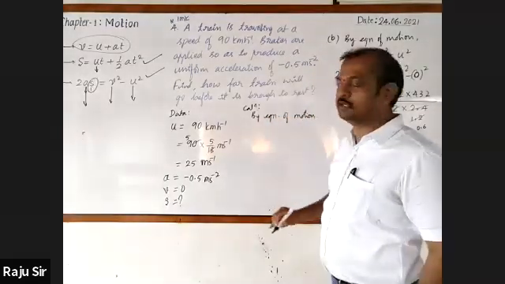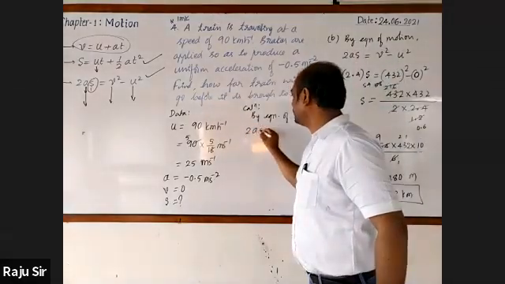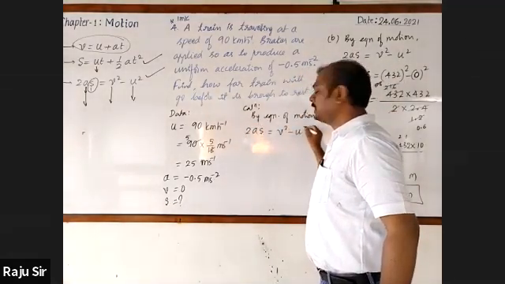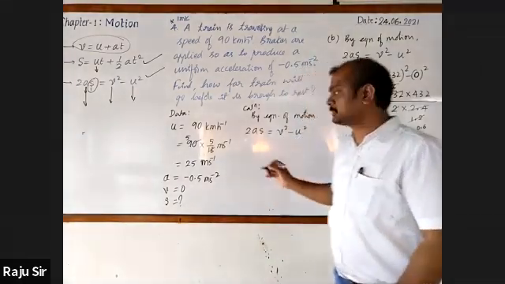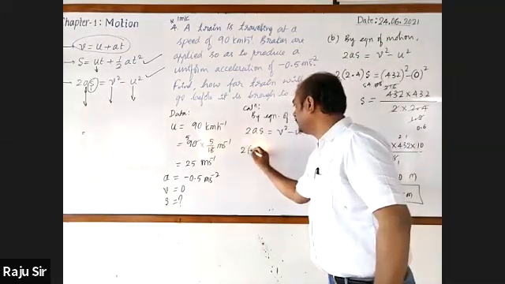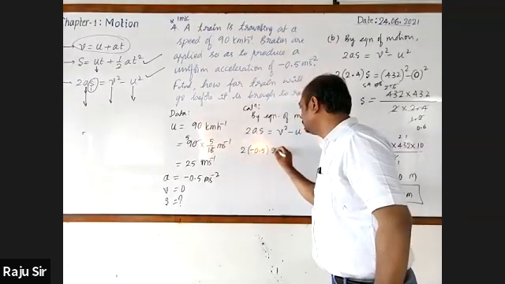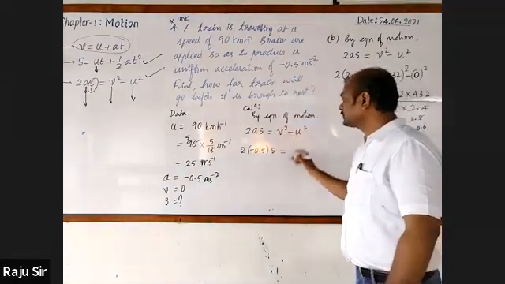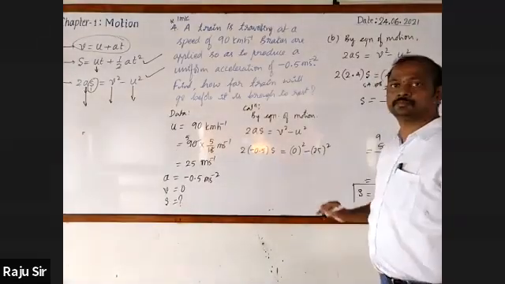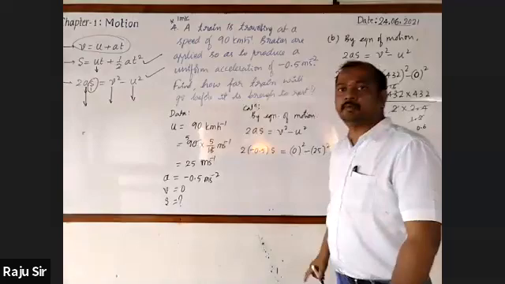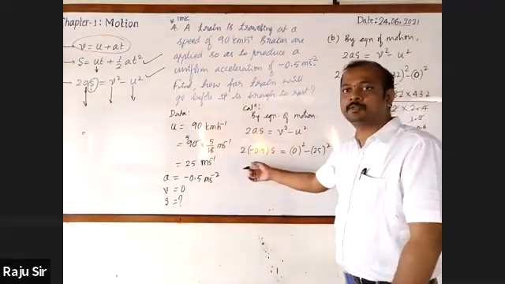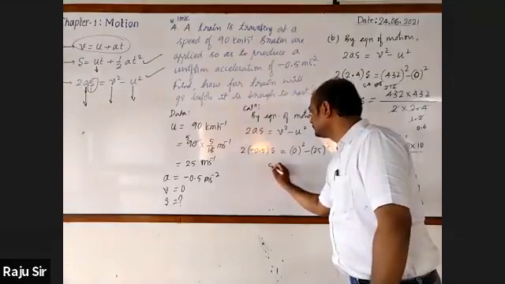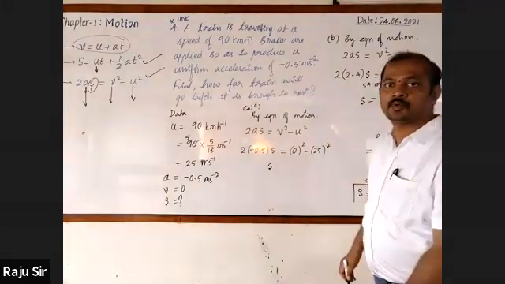By the equation of motion, you can write 2as is equal to v square minus u square. Substitute: 2 into a, which is minus 0.5, into s, is equal to v square, which is 0, minus u square, 25 whole square. 0.5 into 2, how much will it be? 1.